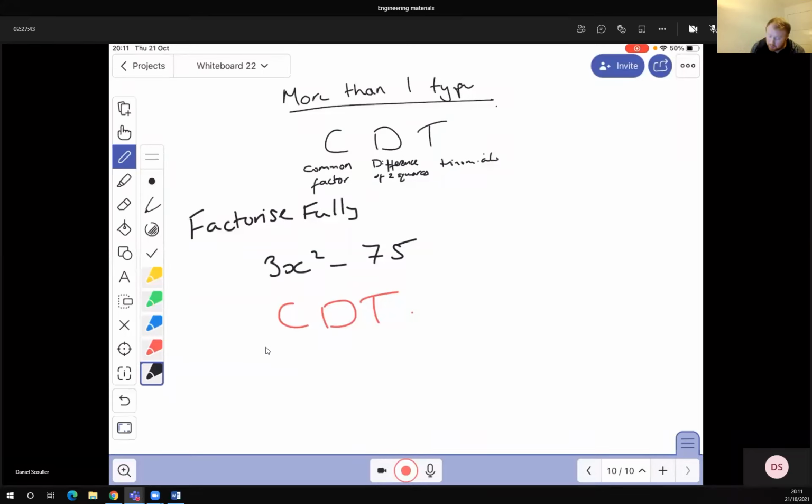So is there a common factor? Yes, the number 3 goes into both of them. It might not be immediately apparent, but let's try 3. 3 goes into 3x squared, and it also goes into 75. Okay, and 25 times 3 will make 75. So we've removed that 3. So we've done a common factor.